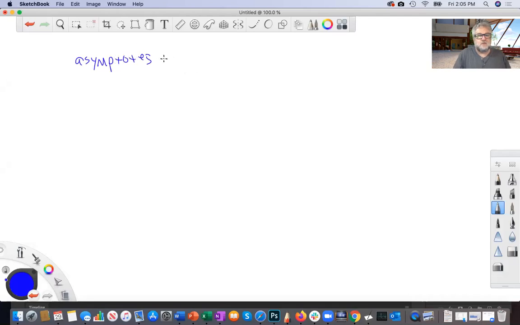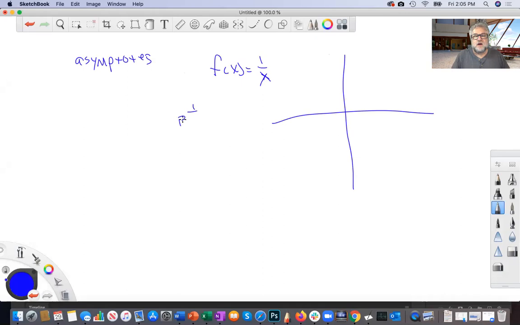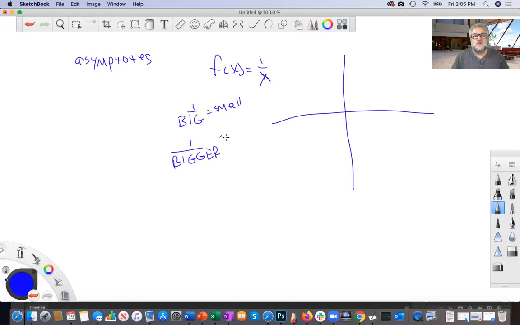And an asymptote, so if I have f of x equals 1 over x, the graph of this, let's see, as x gets really, really big, when I divide by a really big number, and then I divide by an even bigger number, this gets small, and it gets even smaller.